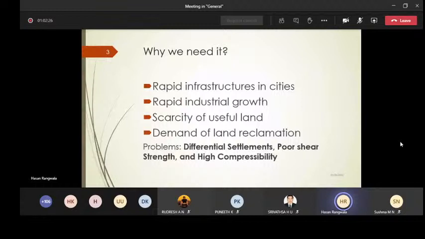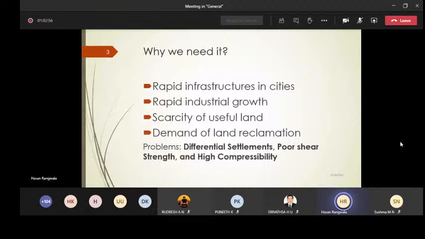Because to avoid this scarcity, or to answer the rapid infrastructure development, either I have to go with high-rise buildings, or I have to reclaim some poor land, which can be improved and used for various construction purposes.